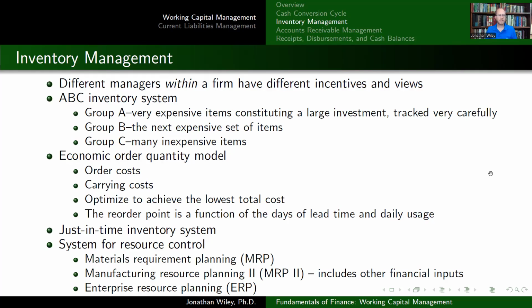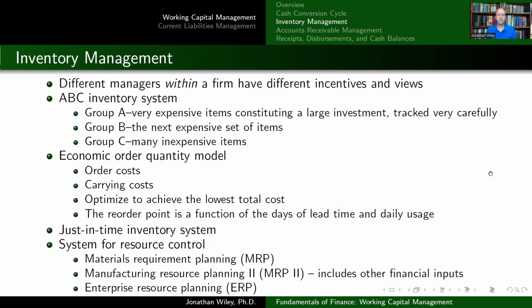The next step is manufacturing resource planning, or MRP 2. Notice the use of the word resource instead of materials requirement. The materials requirement is more about the things that are needed specifically in the production. Manufacturing resource planning focuses on a more broad set of inputs.